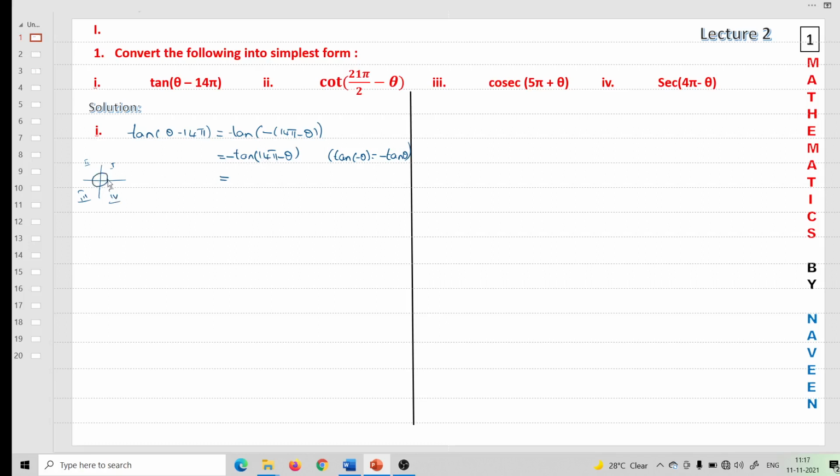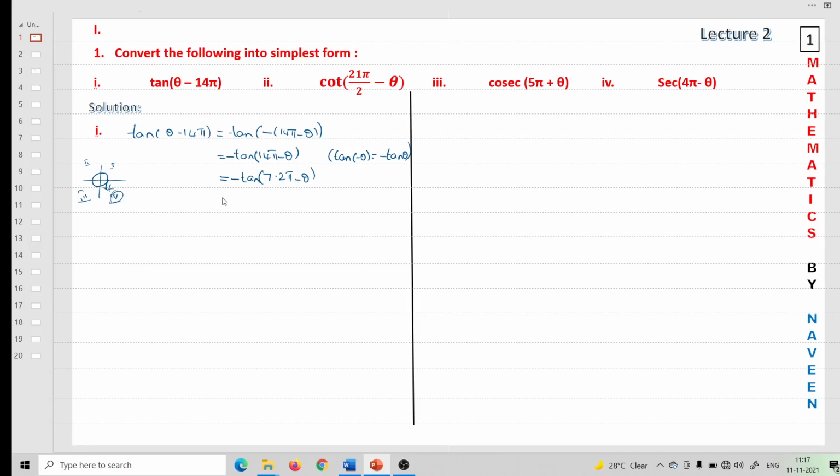So it can be written as 7 times 2 pi minus theta, right? That is 7 times complete rotation. Here we get minus theta, meaning we have to exclude some angle. Eliminating some angle means theta lies in the fourth quadrant. In the fourth quadrant, tan values are negative. Why? Because only cos and secant values are positive here. Remaining all values are negative.